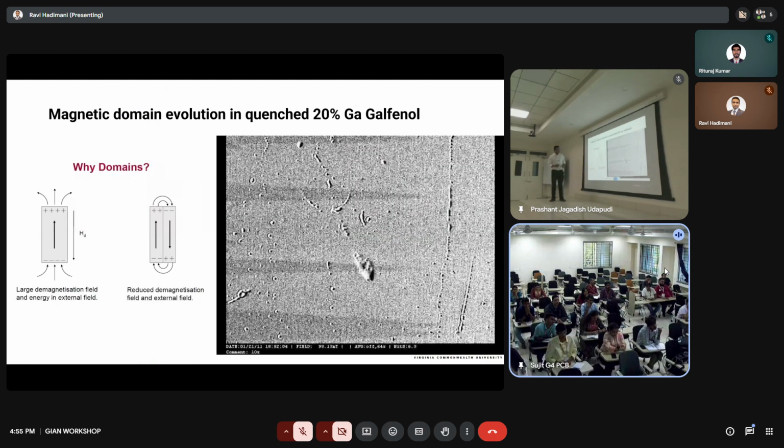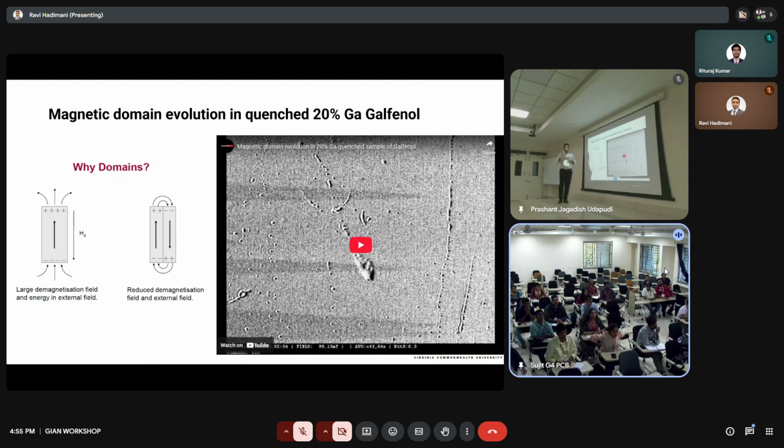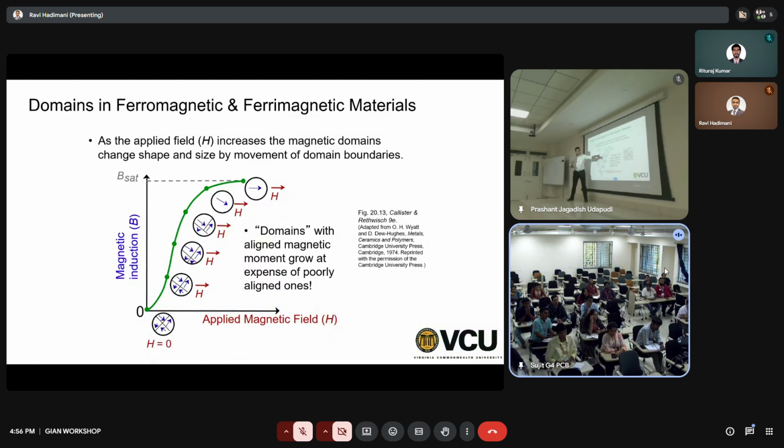Okay, so now why are there domains? Why should domains become one? If at high magnetic field there's only one domain, why can't materials exist as one domain? Why should they exist as multiple domains?